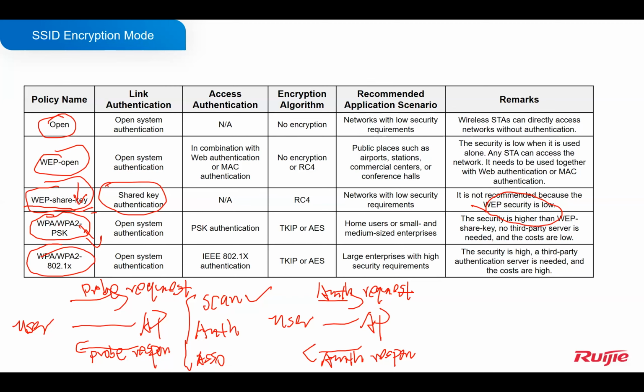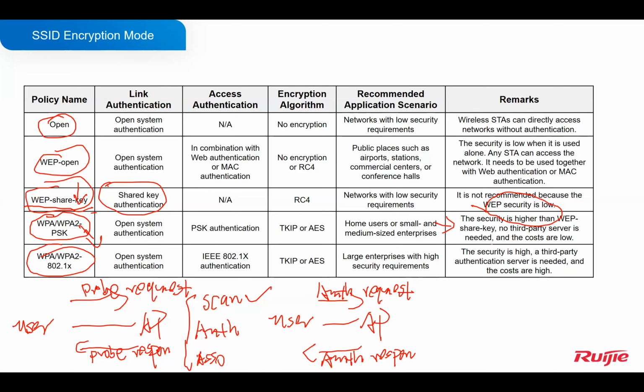Okay, so the WPA and WPA2 PSK encryption mode is different from the WEP shared key, because WPA or WPA2 PSK provides a dynamic key to encrypt our data. So it's very safe for our customers, and higher than the WEP shared key.